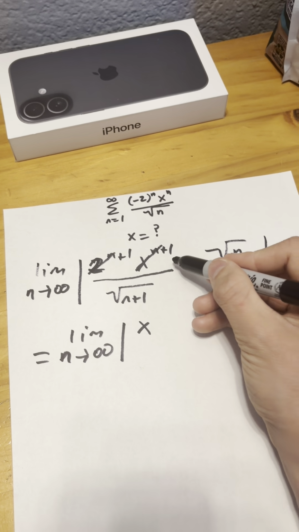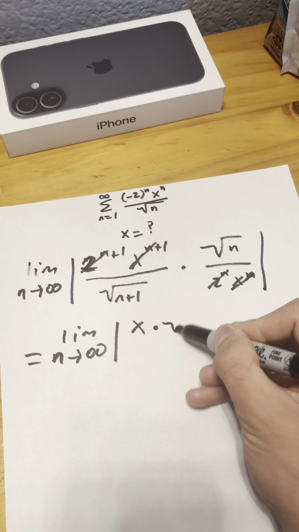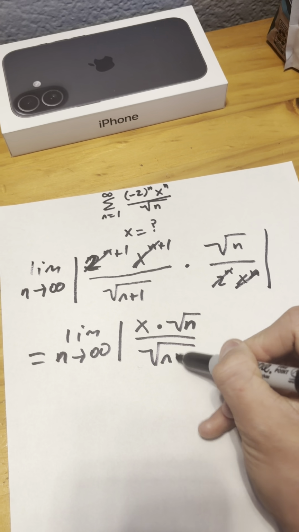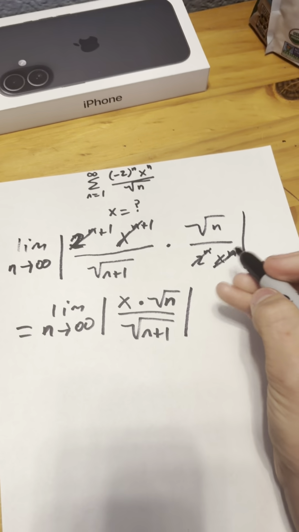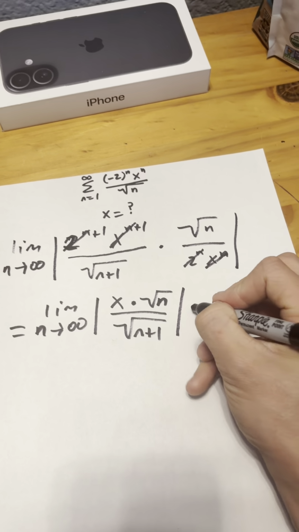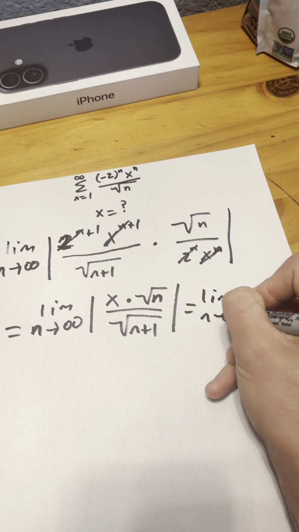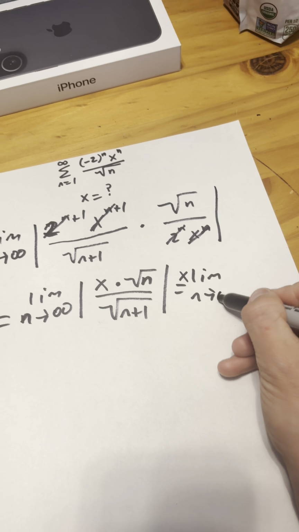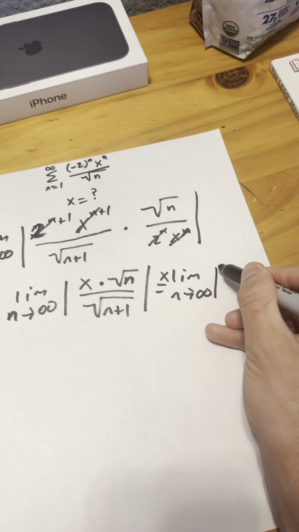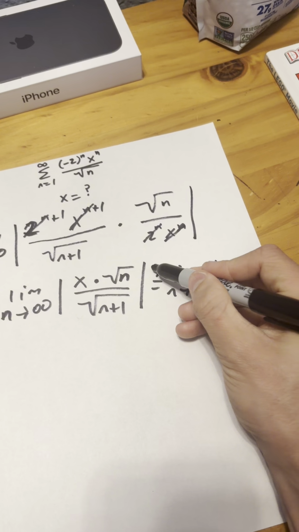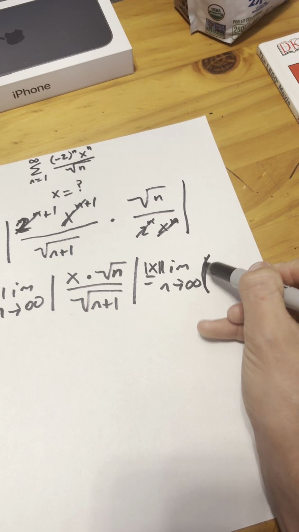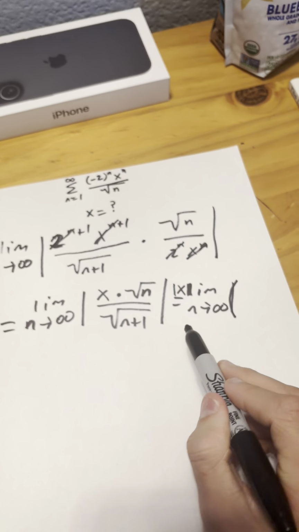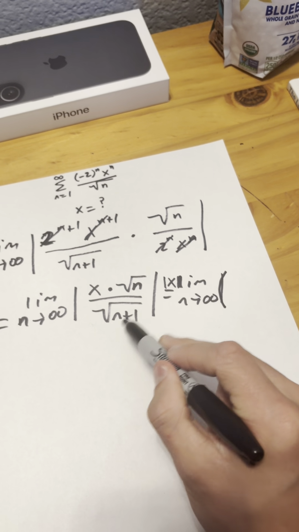Just don't forget the x up here since the 1. Then we've got square root n over square root n plus 1. We could take the x out, actually, and drop the absolute value in here, but put it out here, since n is from 1 to infinity, so these n's are never going to make a negative.